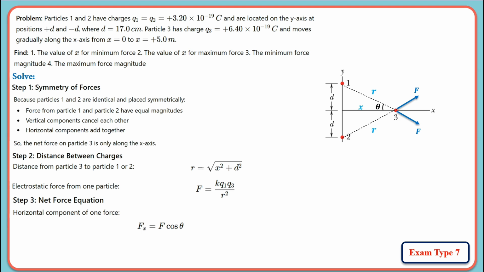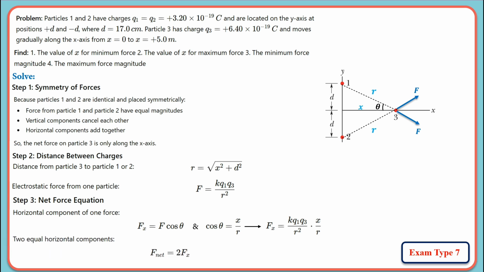Now we resolve the force into components. The horizontal component equals F cosine theta, and cosine theta equals x over r. So one horizontal component becomes k q1 q3 times x divided by r cubed.